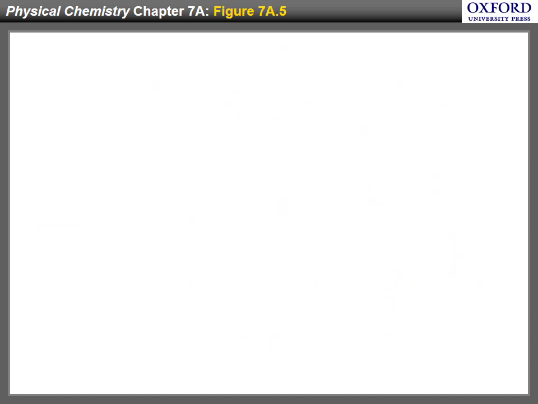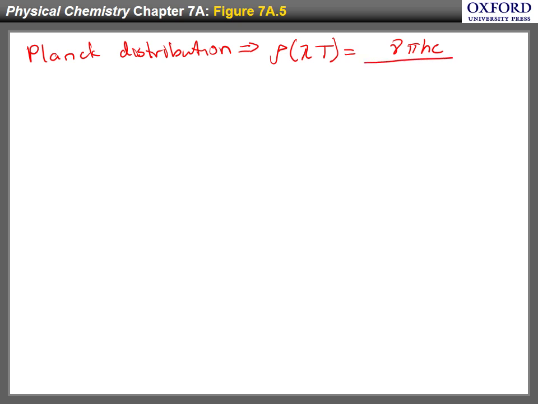So let's go over it again. The Planck distribution is rho lambda T equals 8 pi hc divided by lambda to the fifth, times the exponent of hc divided by lambda kT minus 1.